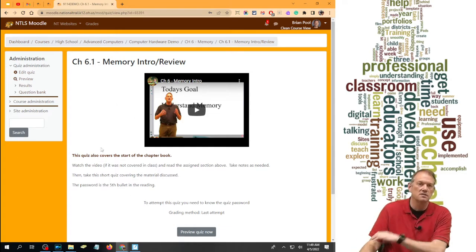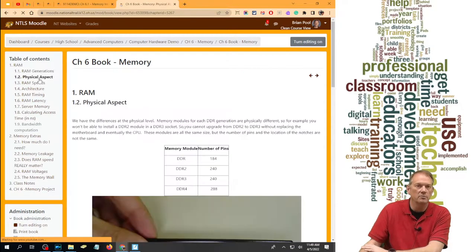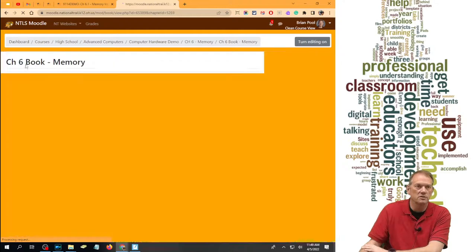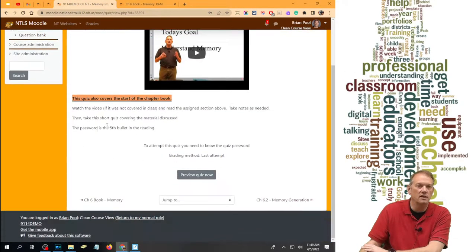In this case, it says this quiz also covers the start of the book. So here's the introduction into memory. Here's the start of the book. If they click on that, they go to the book. Same recordings there, along with a number of resources that they read in chapter 1. And then they go in and take the quiz.